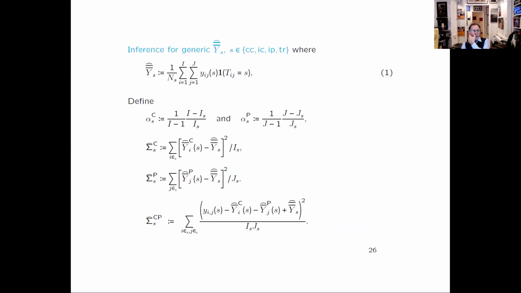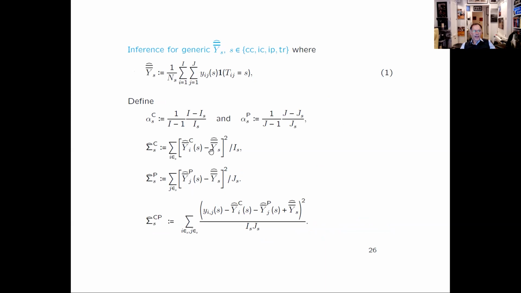Now, let me also make a couple of comments on how we would do inference for any of these 4 averages in these 4 groups. The natural way of estimating these averages, of course, is just to take the double average.